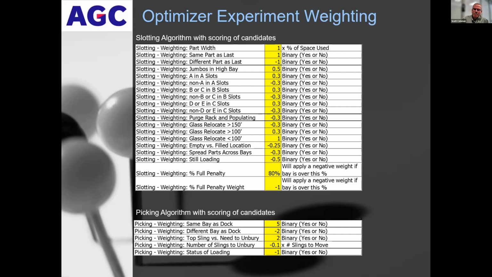Right. And there were some temporary locations I mentioned, those short bucks. They were also used as a place when you were just picking an order and you needed a quick place to put a sling, rather than trying to find the optimal place. During the shipping period, they could stick them in those short bucks.